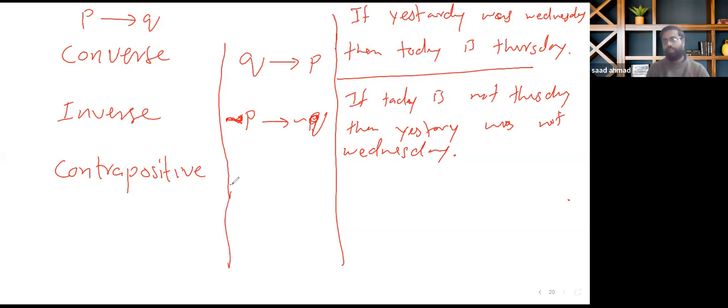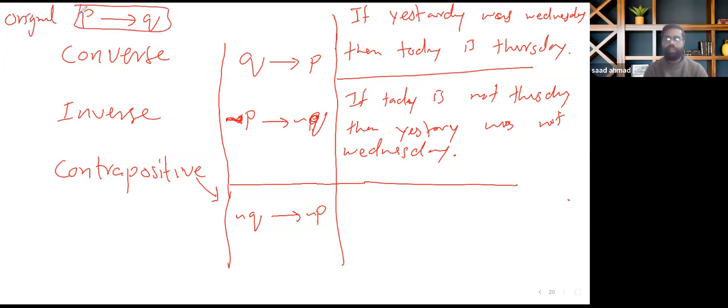And then the contrapositive is where you do the not and then you switch them: not Q implies not P. If the original is true, then the contrapositive is also true.